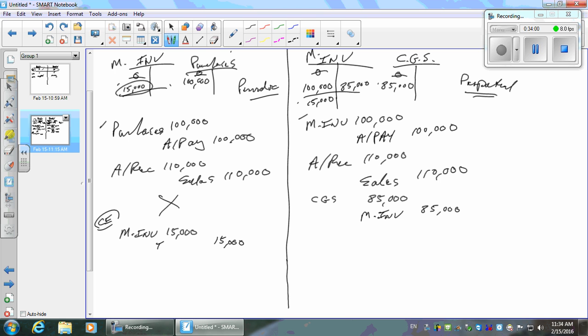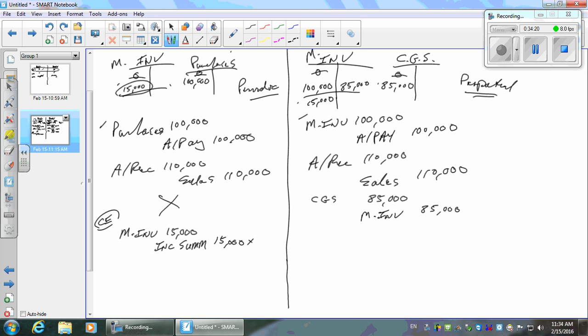Now, there's a variety of ways you could do this, but this is one your author shows you, and it's just fine. You could also go to cost of goods sold, look at closed purchases, and end up with the same cost of goods sold as if you were doing perpetual. But this is one way. So I'm going to have this credit balance in income summary right now.